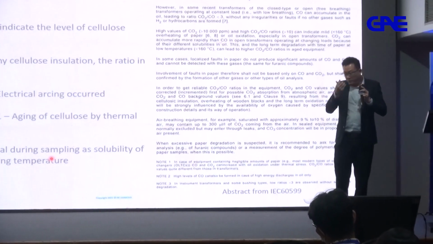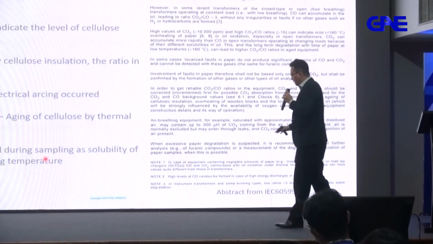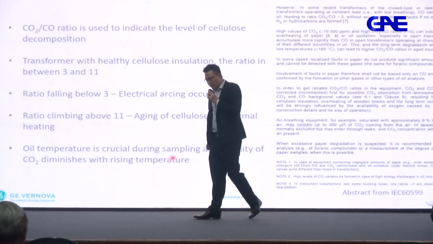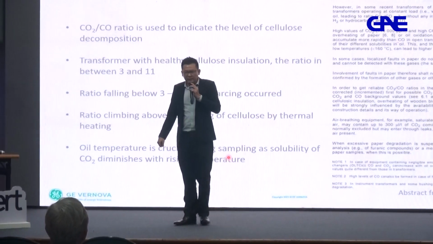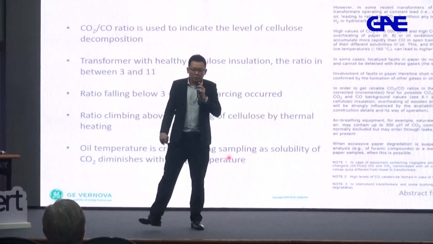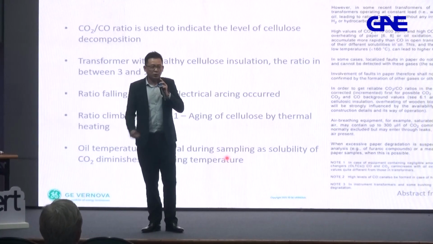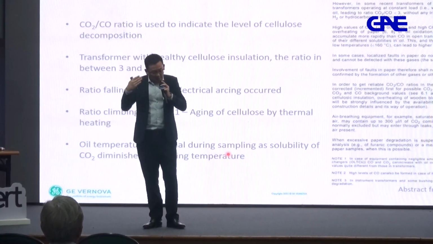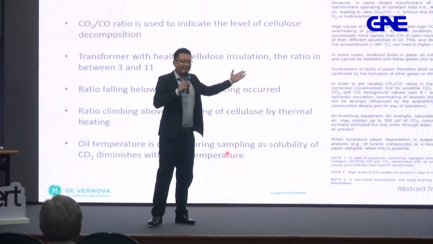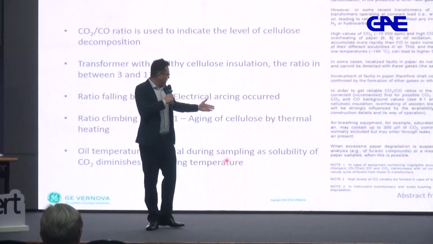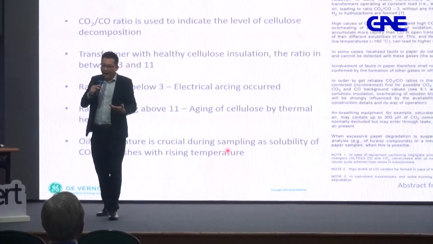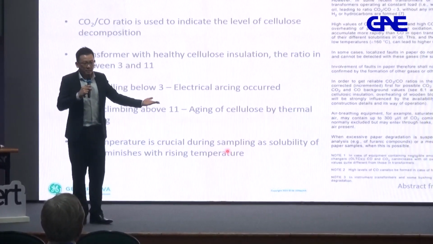So not necessarily, if one day you realize that your ratio reaches probably 20:1, 30:1, that doesn't mean that your transformer is not healthy. You have to always remember this is just a guideline. It could be an issue with the cellulose. You always have to take a look at other gases.